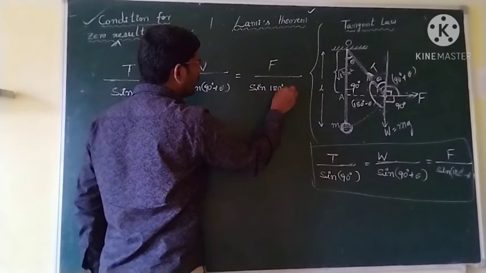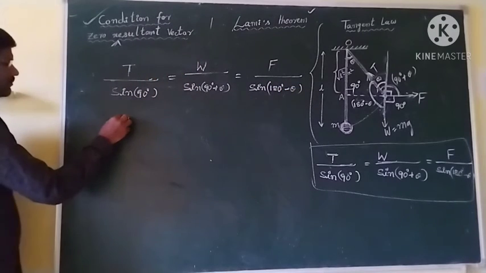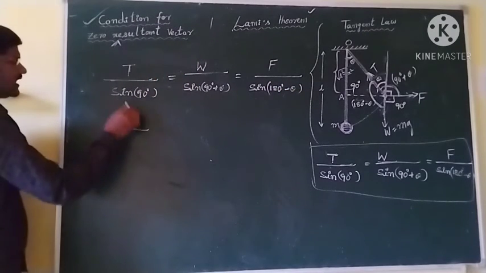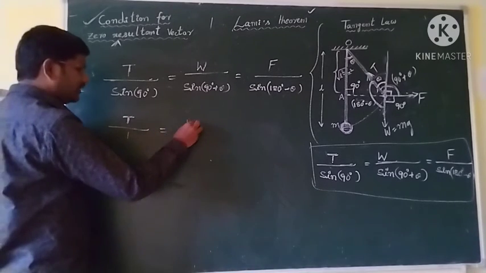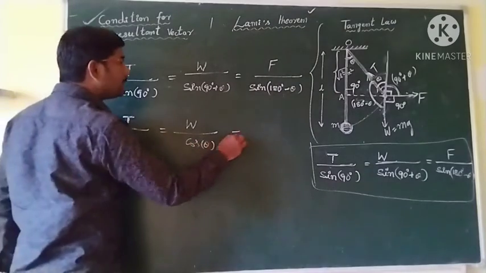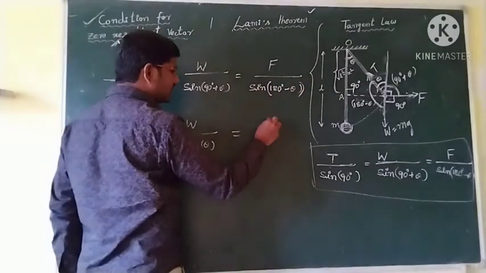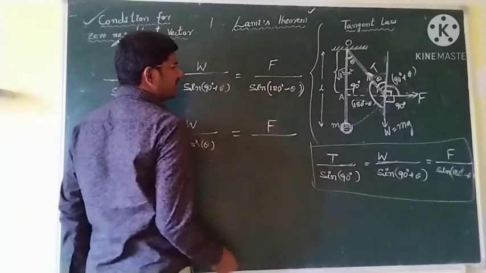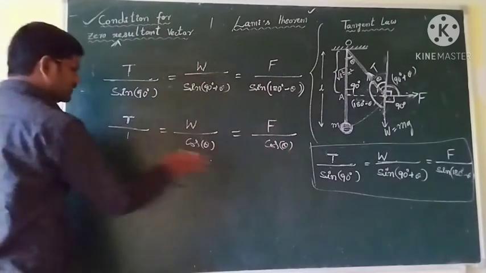Then T by sine 90 degrees, value 1, and W by sine 90 plus theta, you will get cos theta, and F by sine 180 minus theta.